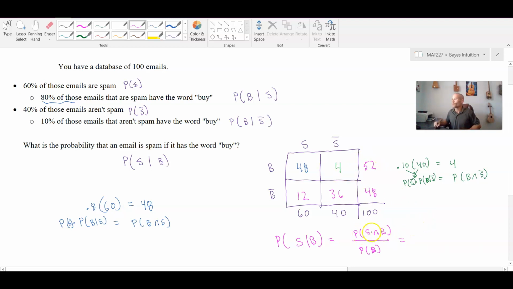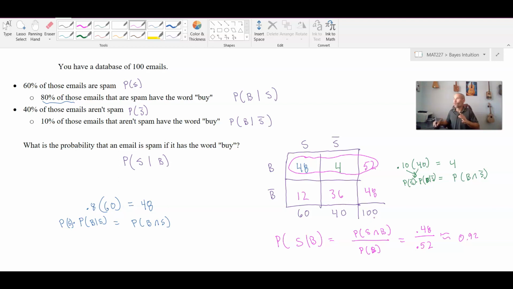So this number here is going to be the 48, or we could put 0.48 to be more mathematically precise in terms of what a probability is. And that's going to be out of all the emails that have the word buy in it, which is the 52. So we divide that by 52 or 0.52, and we come up with about 0.92. So if we know an email has the word buy in it, then we can be 92% sure that that email is actually spam.